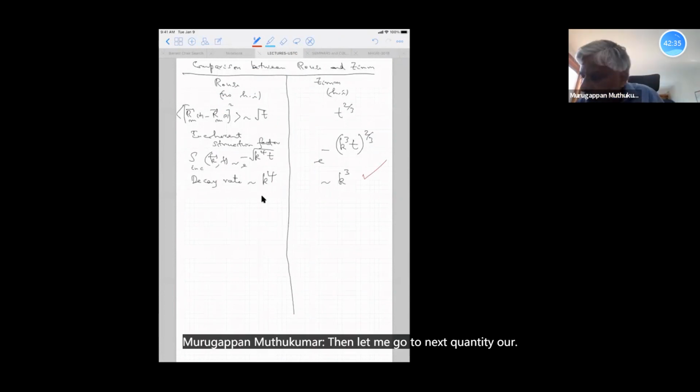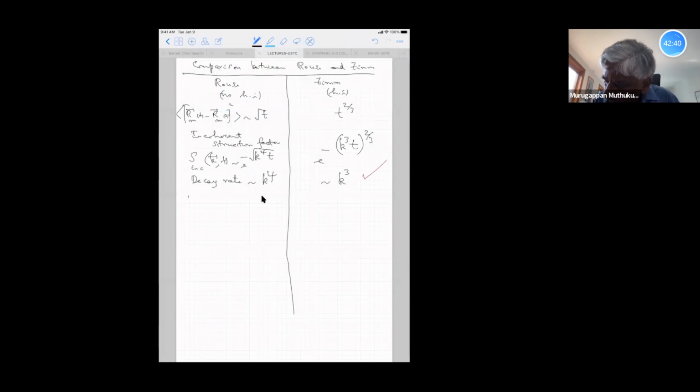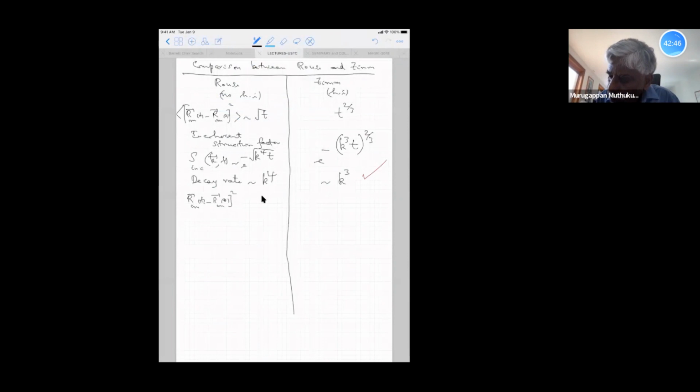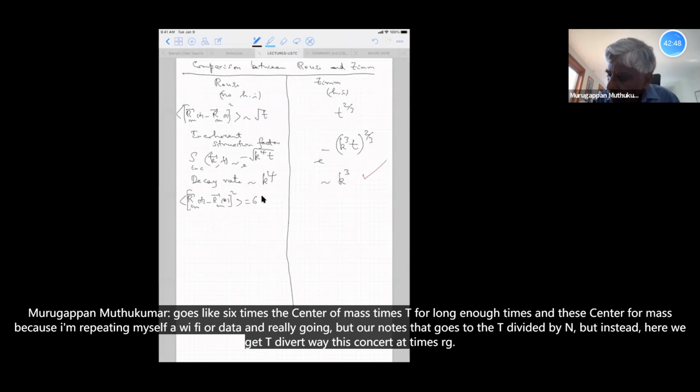And then let me go to the next quantity, R center of mass at t minus R center of mass at an earlier time, squared, goes like 6 times D center of mass times t for long enough times.